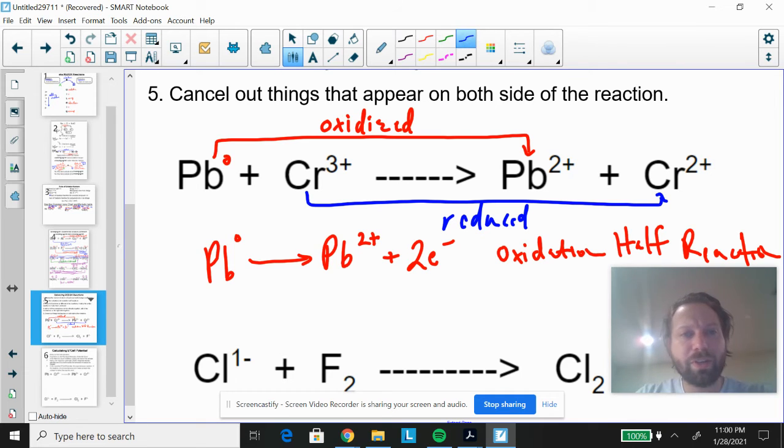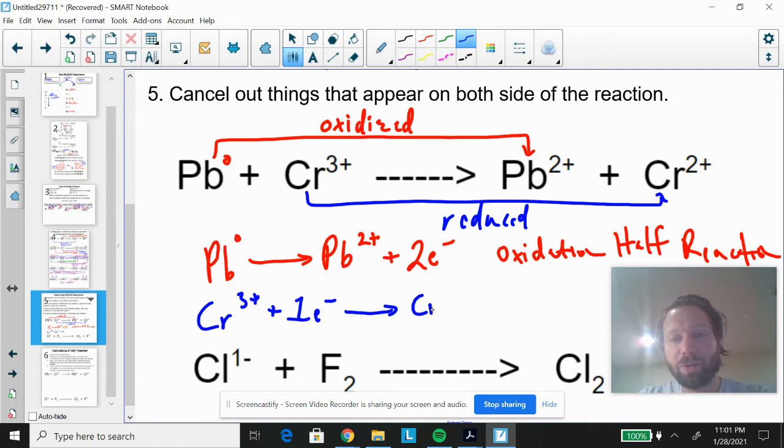Now, we're going to be doing the chromium, which is Cr3+. Now, it is being reduced. In other words, it's gaining electrons. That's going to be on the left-hand side. It's going from 3+ to 2+. And so this is going to have 1 electron added to get there.